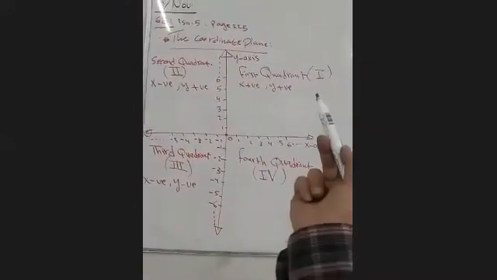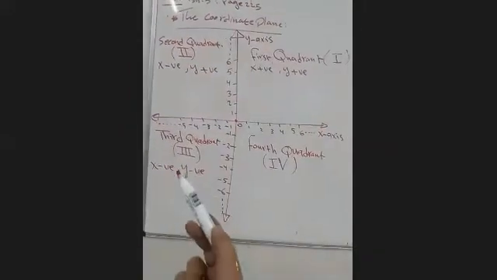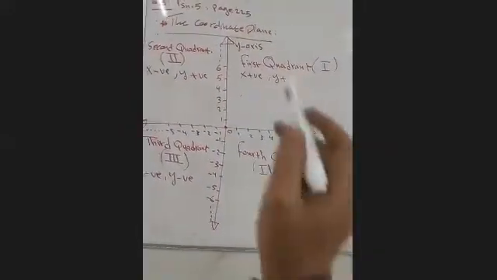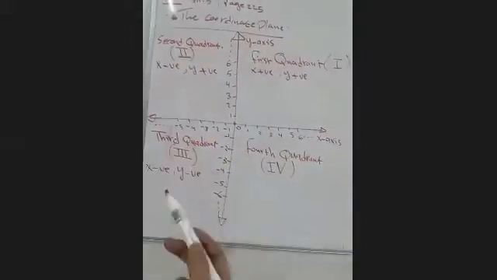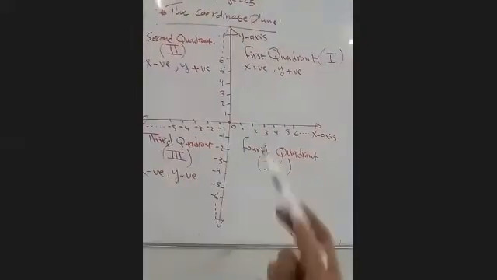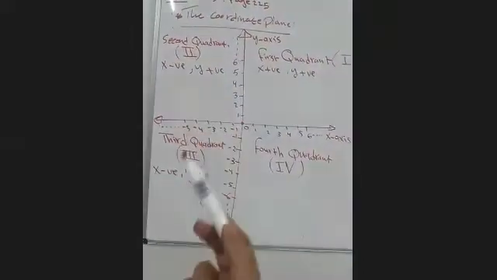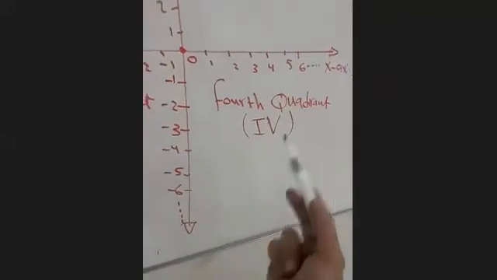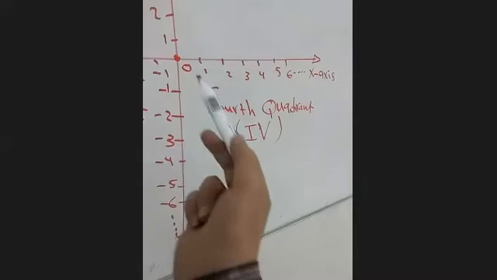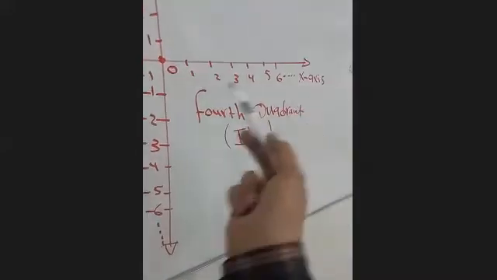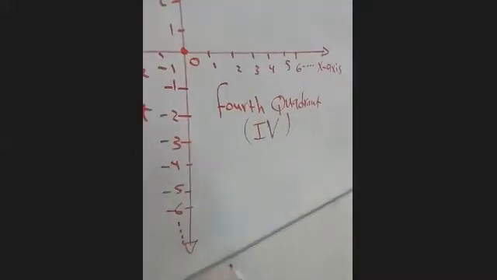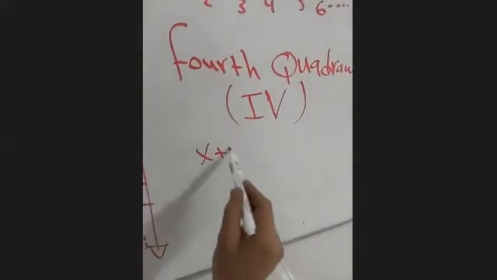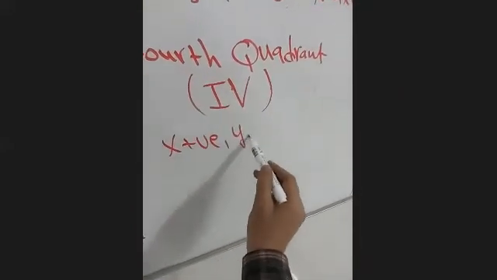This means 1, this means 2, this means 3, and this means 4. But in the coordinate plane, we use these notations, these shortcuts. So we have first quadrant, second quadrant, third quadrant, fourth quadrant. The border of the fourth quadrant, we have x here and y here. X is positive and y is negative.